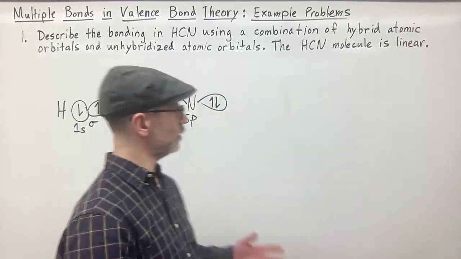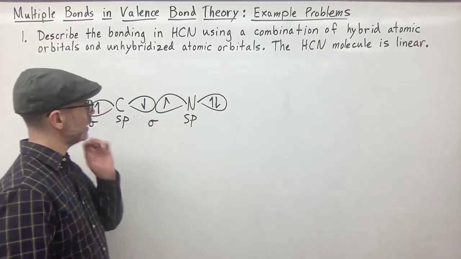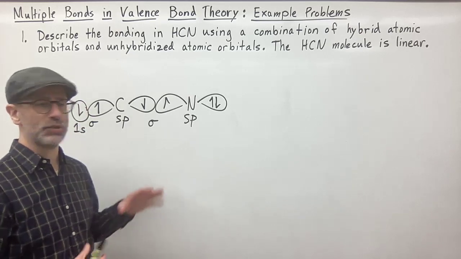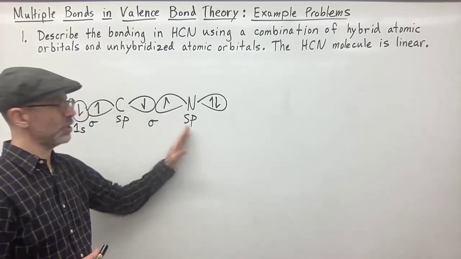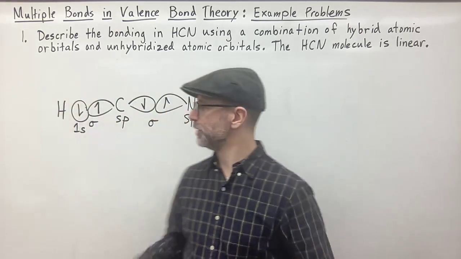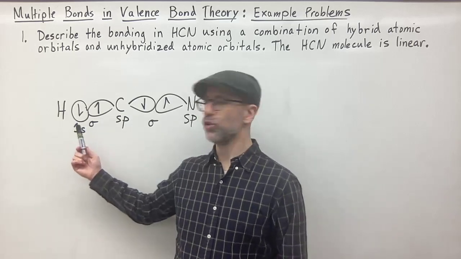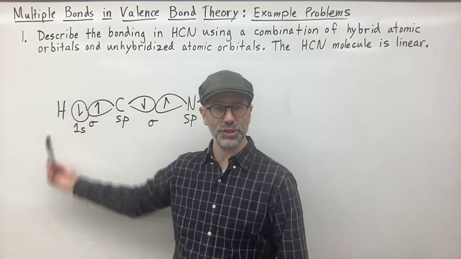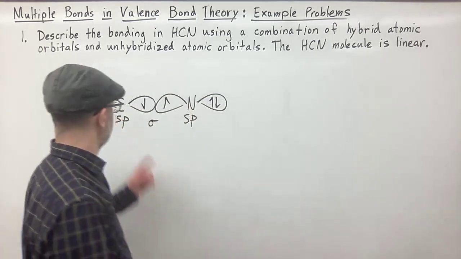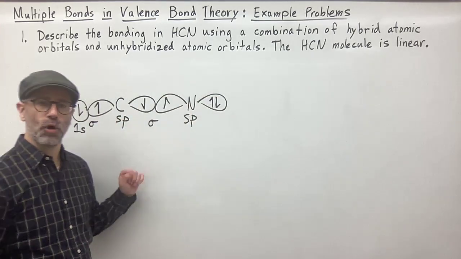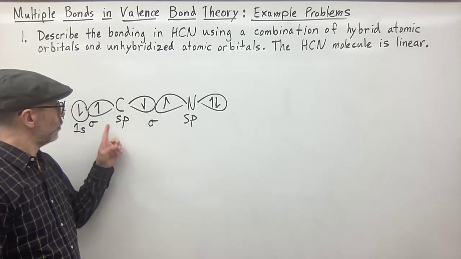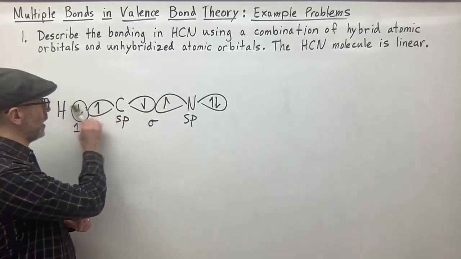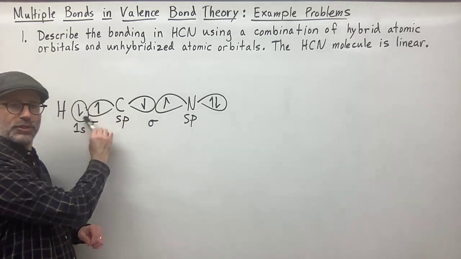Okay, now that we've looked at the sigma bonding, the next thing we'll do is look at how many valence electrons are left over for each of the atoms. Hydrogen only has one valence electron, so that's already involved in bonding, so there's nothing left for hydrogen. But if you remember, carbon has four valence electrons, so we used one for the bonding here, and one for the bonding with the hydrogen.